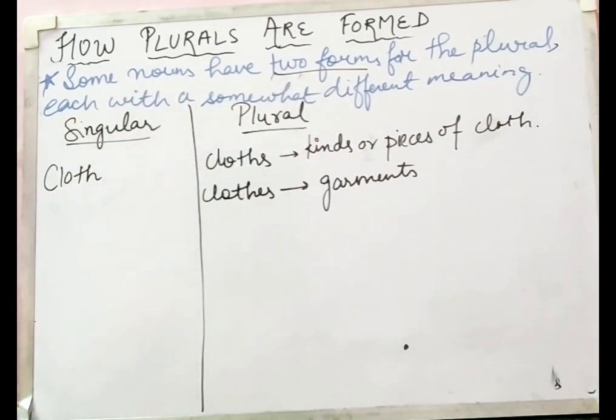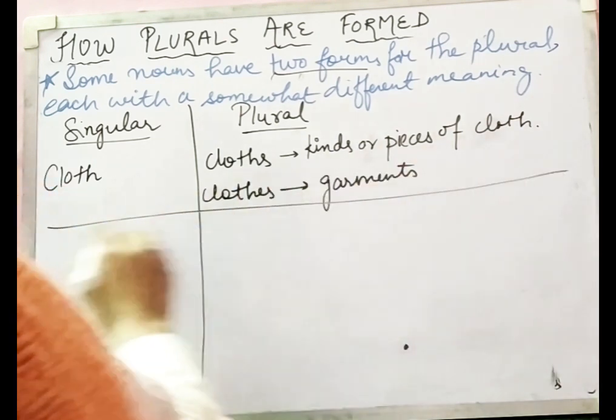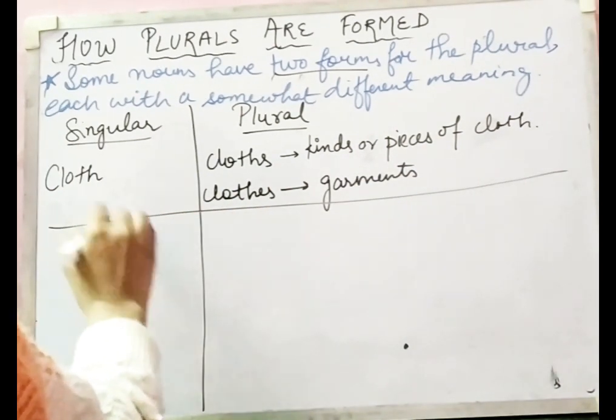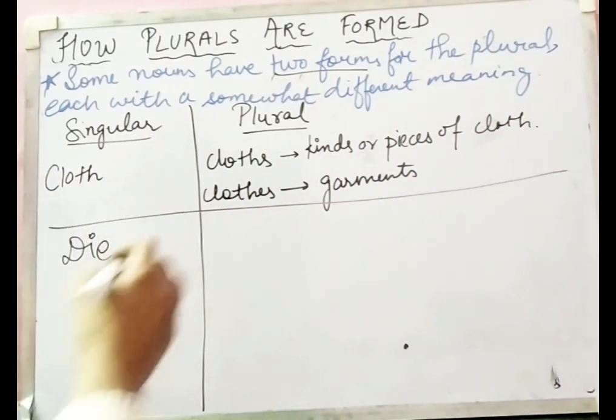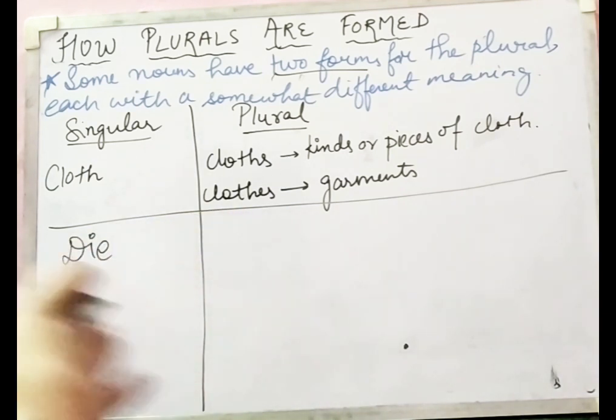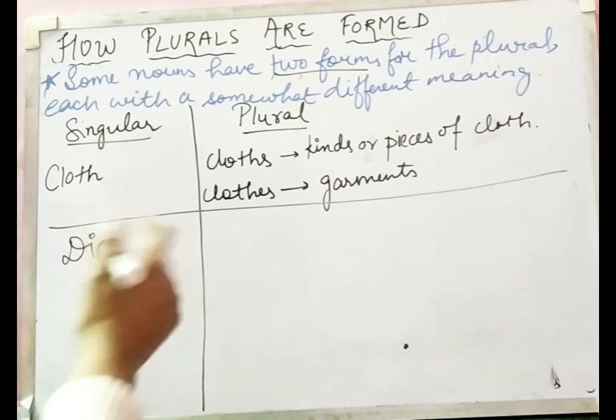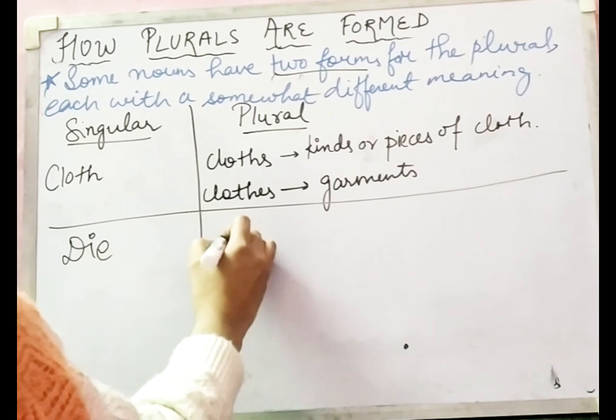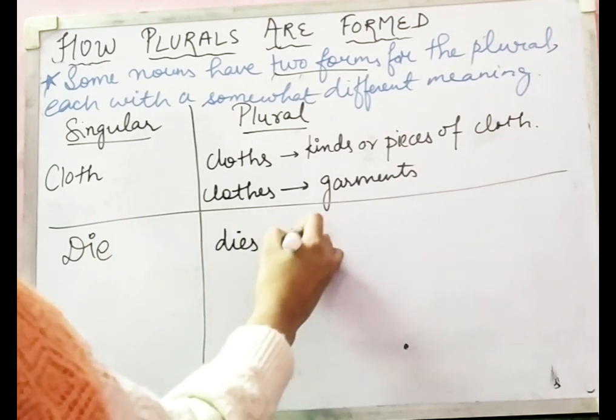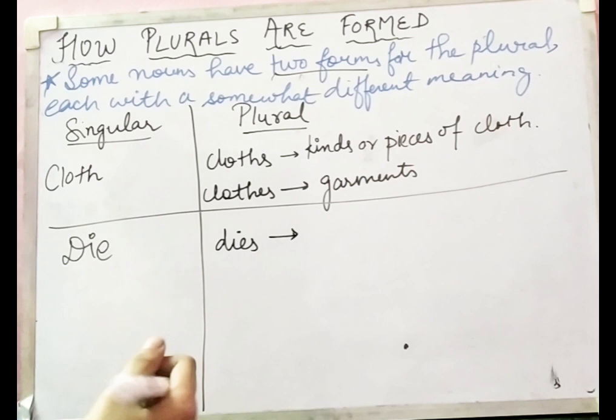And singular is cloth. Now if I take one more example, like die. So dies, not die meaning to pass away, dies means stamps for coining.